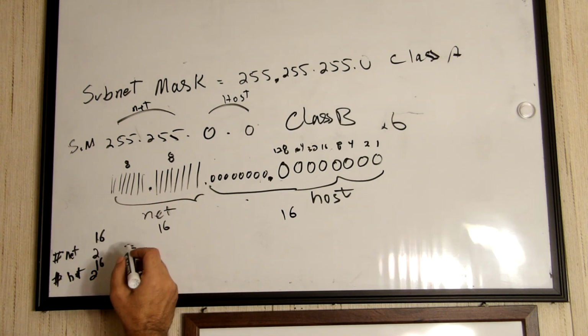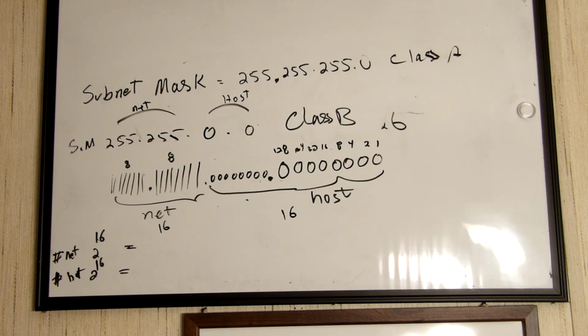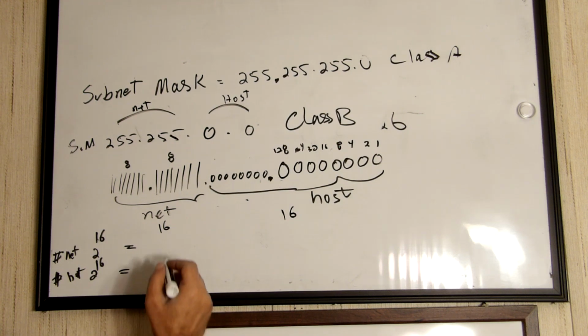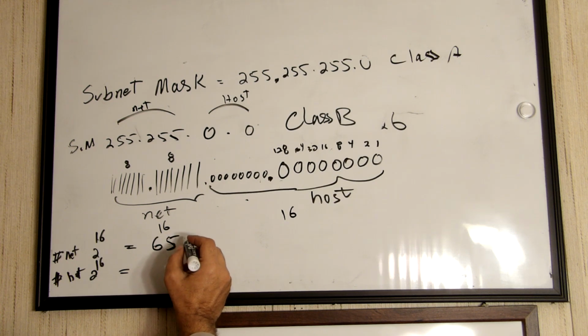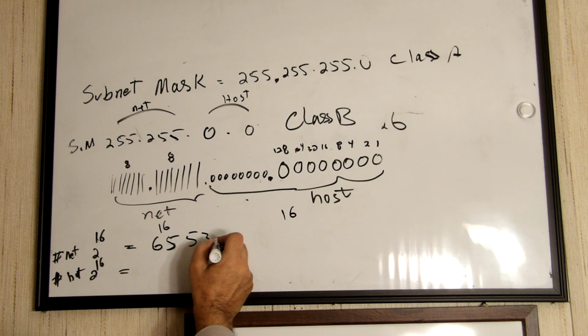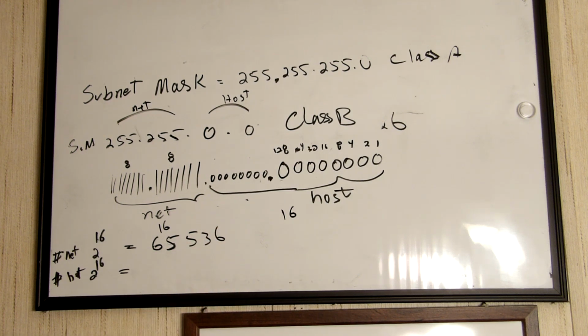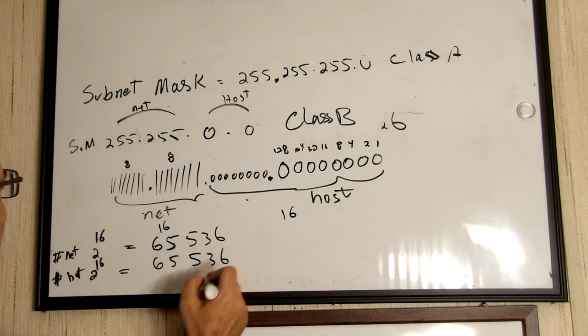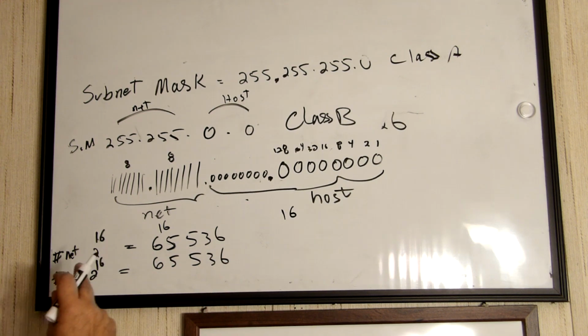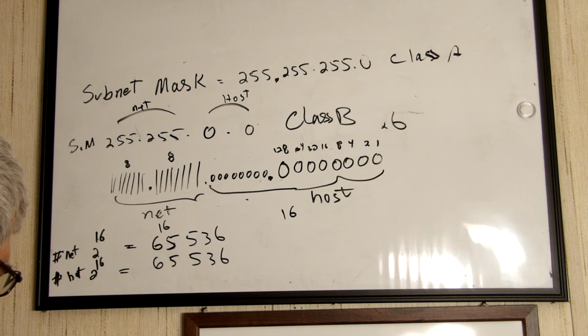The power of 16 is going to be 65,536, and the same for this one. 65,536 is equal to 2 to the power of 16. The number of hosts and the number of networks is equal.